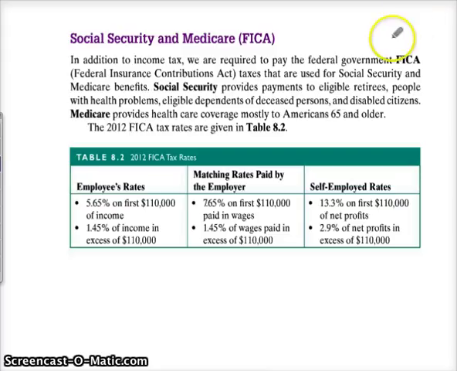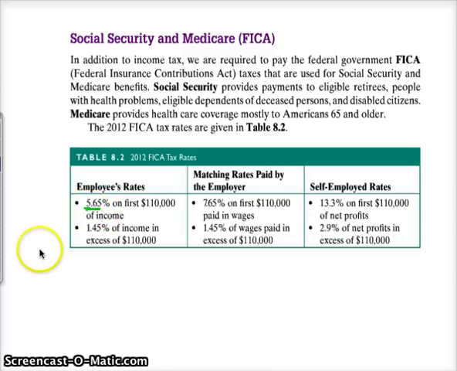Now here's a chart that has to do with Social Security that is taken from your pay. And so this explains what's happening. Okay, so here we go. The employee's rate is 5.65%.